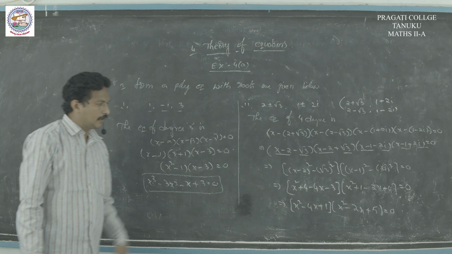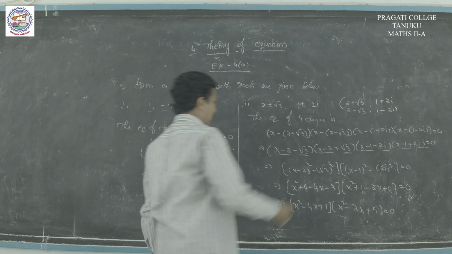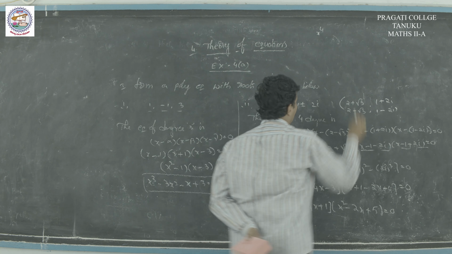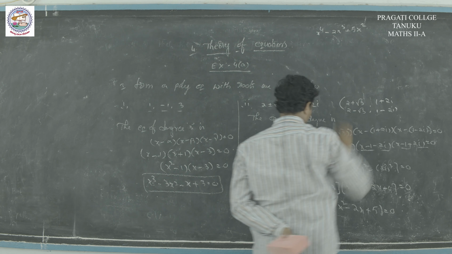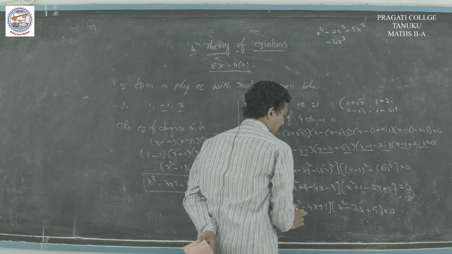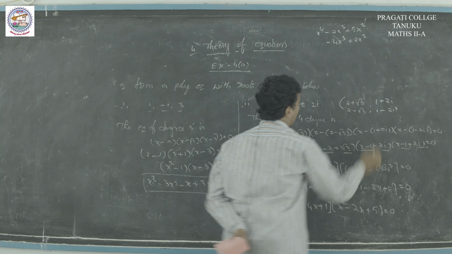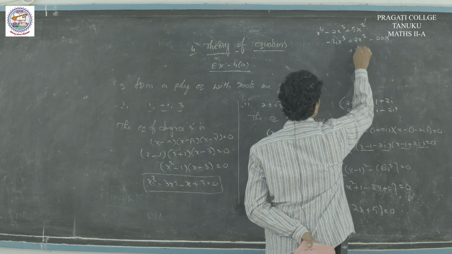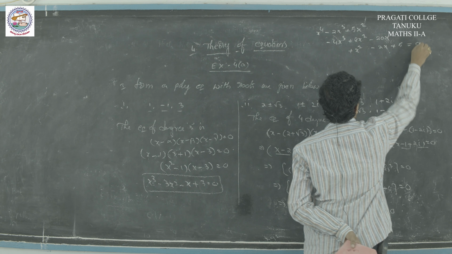Okay, and multiply these two equations. x square into x square, x power 4; x square into minus 2x, minus 2x cube; x square into plus 5, 5x square; minus 4x into x square, minus 4x cube; minus 4x into minus 2x, plus 8x square; minus 4x into plus 5, minus 20x; plus 1 multiplying with x square, x square; 1 into minus 2x, minus 2x; 1 into 5, 5 is equal to 0.